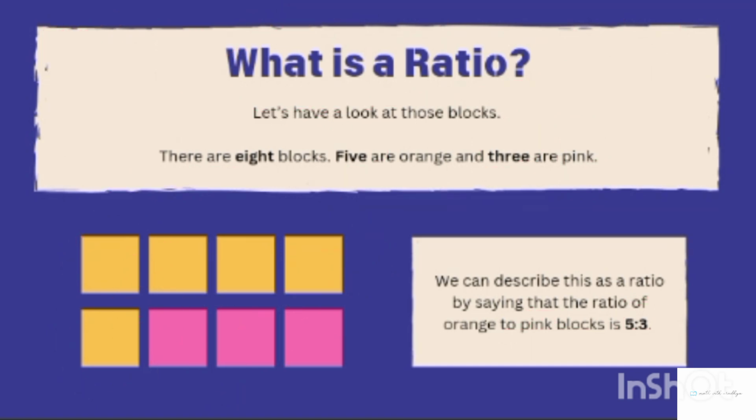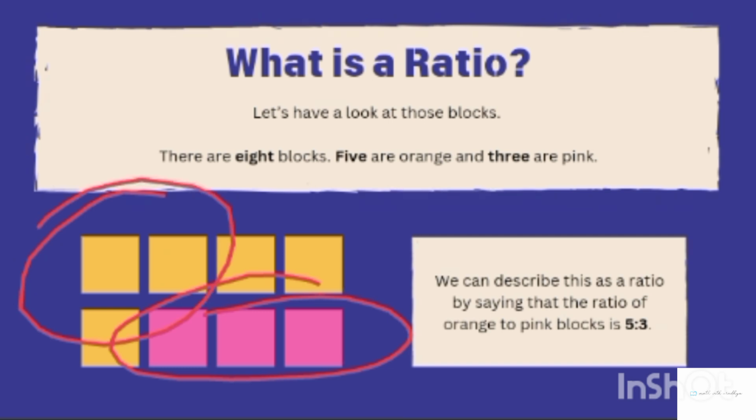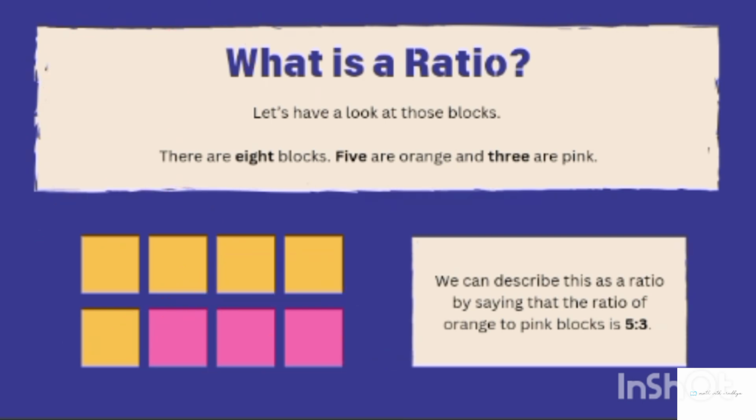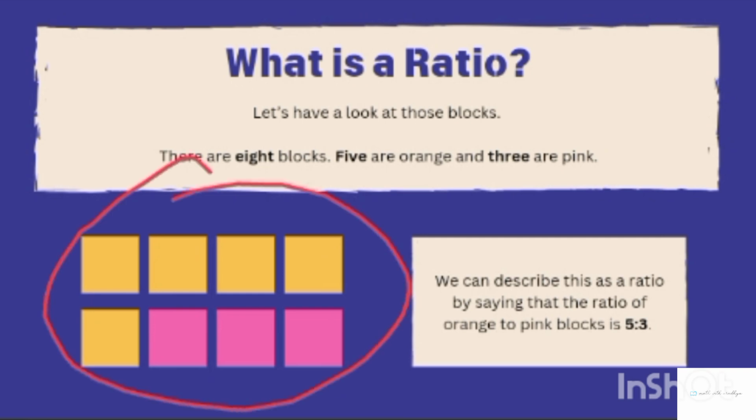But if they ask for the ratio of pink to orange, first we count the number of pink blocks, which are 3, then we put the ratio sign, and then we count the number of orange blocks, which are 5. If they ask for the ratio of the total number of blocks to the pink blocks, we count the total number of blocks, which are 8, to the pink boxes, which are 3.